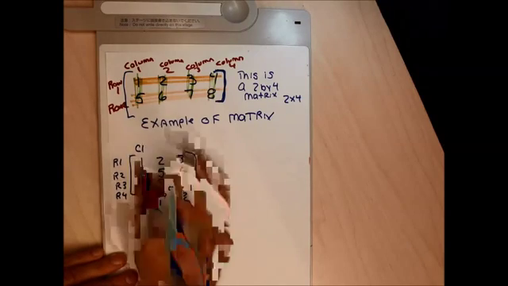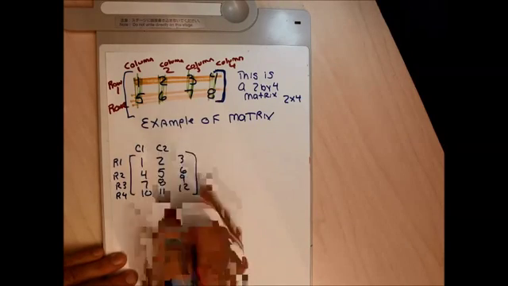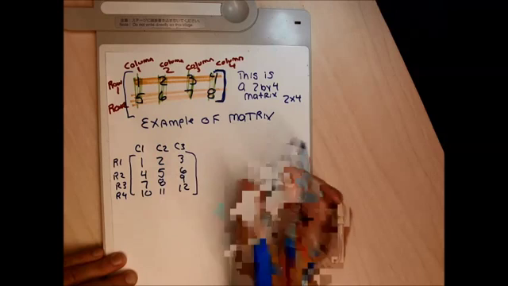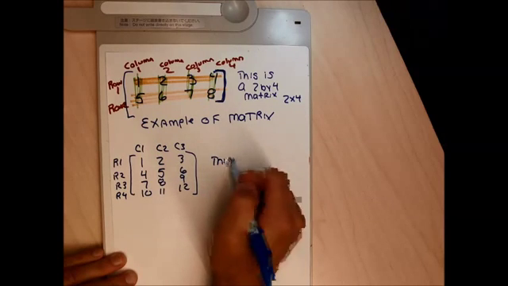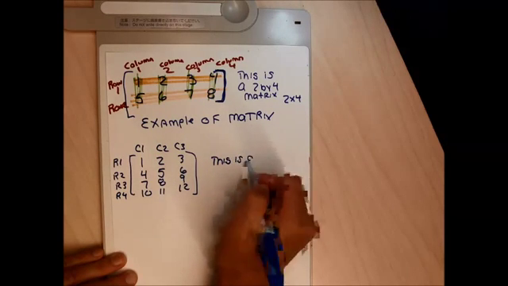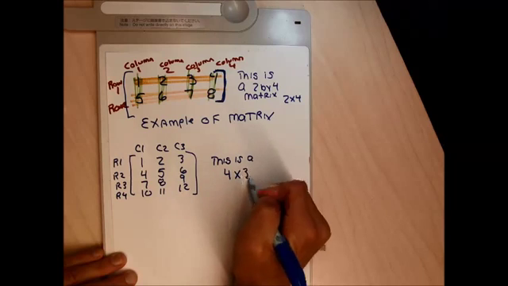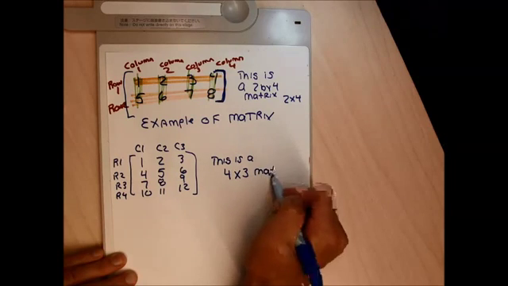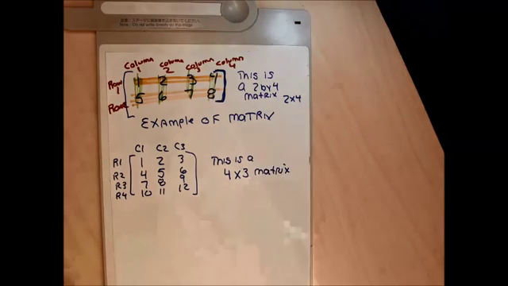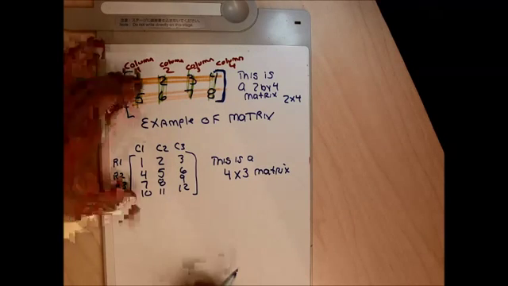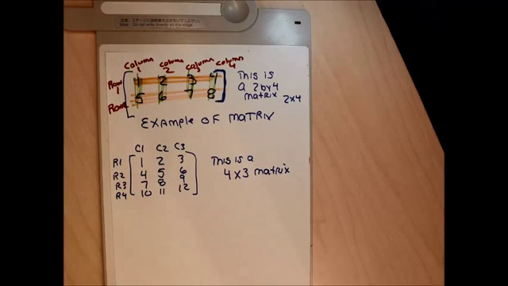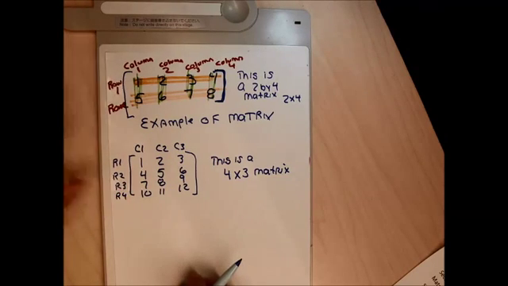This would be column 1, column 2, and column 3. This is a 4 by 3 matrix. So a matrix is just a table of numbers. The matrices can represent systems of linear equations, but they don't always. These random matrices don't probably represent anything in reality.